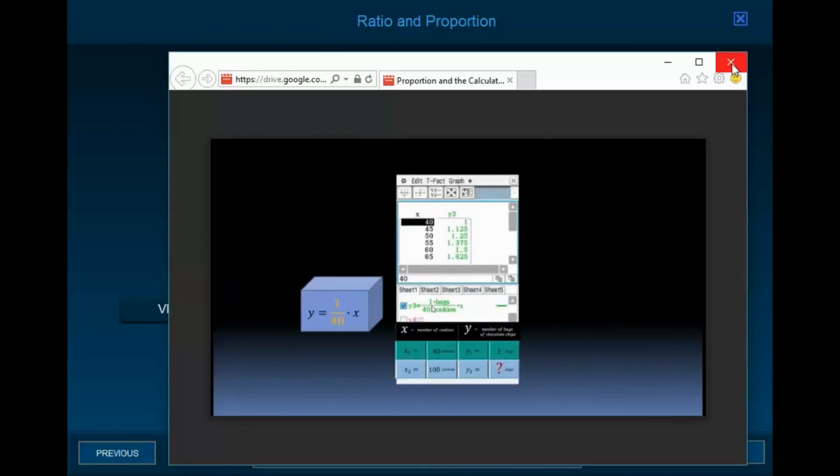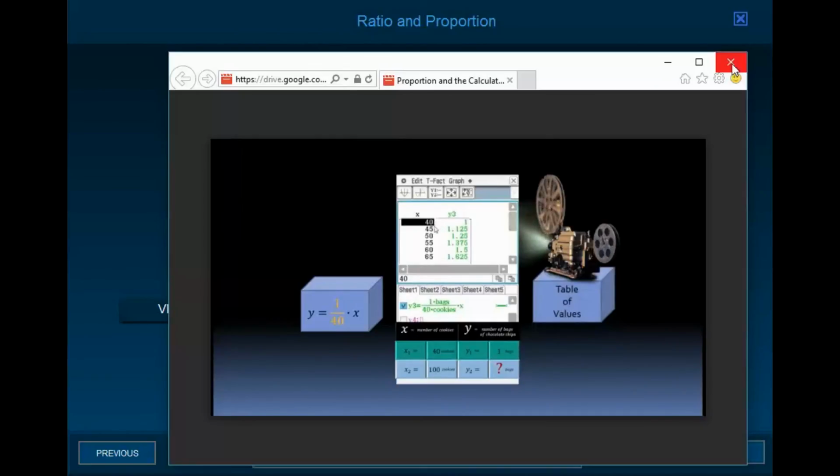And if we go to our table that the calculator automatically makes, we see that 40 cookies are created by 1 bag of chocolate chips. And if we scroll through our table, we can find out again how many bags of chocolate chips are needed to make 100 cookies. 100 cookies require 2.5 bags of chocolate chips, just as we found by hand.